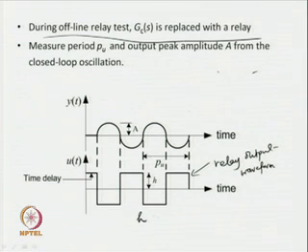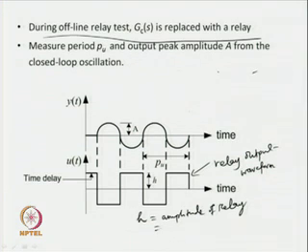H is the peak amplitude of the relay output waveform, which is also the amplitude of the relay, often known as relay height, and is a parameter for relay setting. H we get from the relay setting.